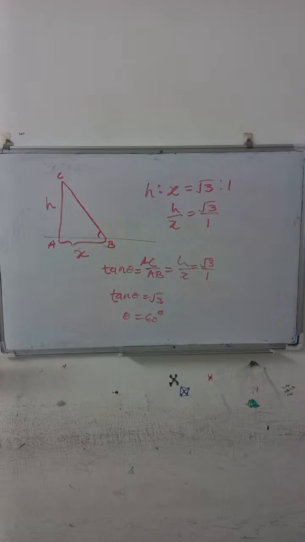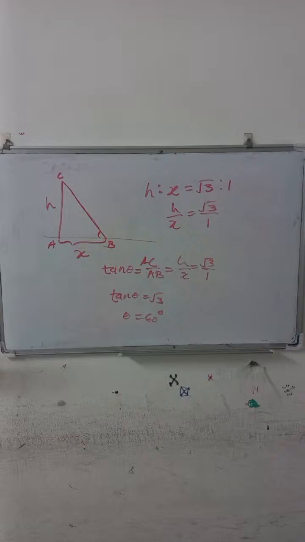Write down the options. First option, A: 25 root 2 meter. B: 25 inside the bracket 1 plus root 2 meter. C: 20 root 3.